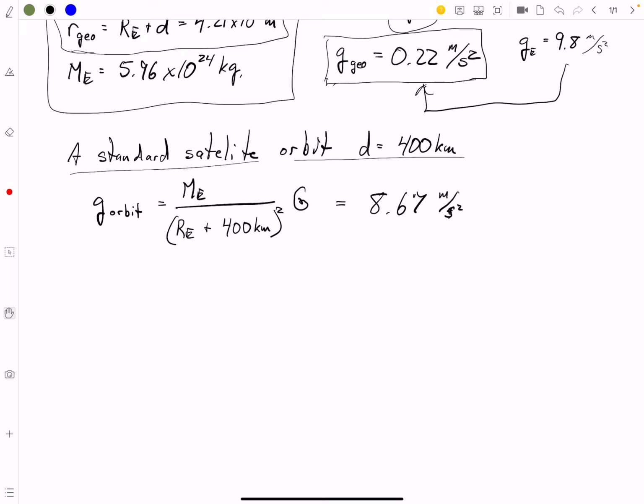I don't know if that's a question that I care about. But what I do want to know is, what is the omega for a geosynchronous orbit? How about that question? Let's solve that. So we're going to go back to a geosynchronous orbit.